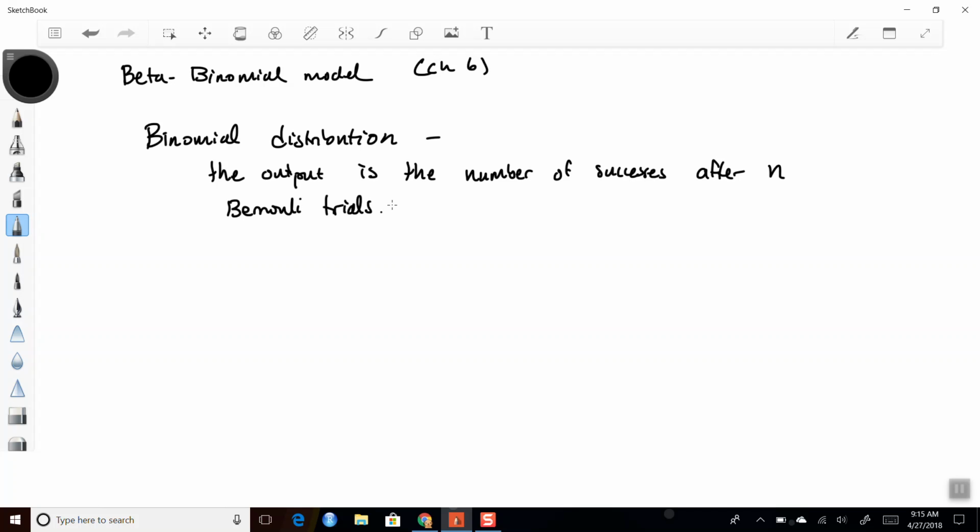Okay. And a Bernoulli trial can be thought of as just a coin flip, in that there are two possible outcomes, yes or no, success or failure.